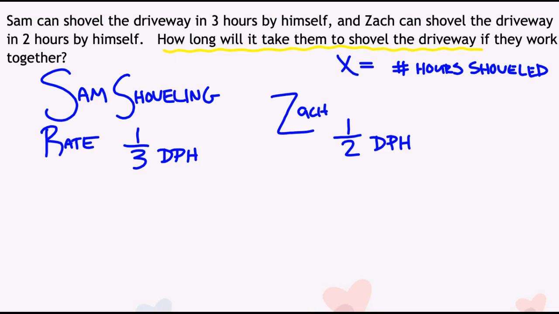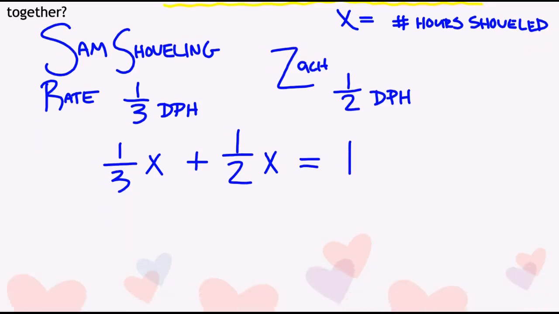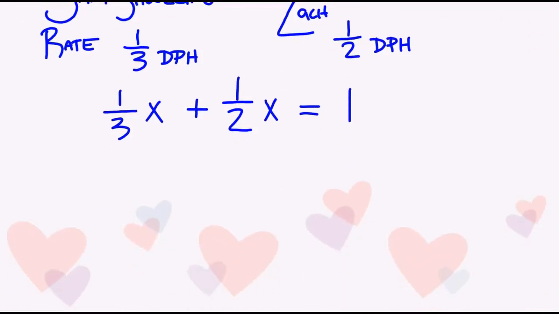So if I say 1/3 is the rate times how many hours, right? That expression would represent how much of a driveway Sam gets done, plus the rate that Zach shovels, and we want that to equal a total of how many driveways? 1. So there's your equation, and we've been solving these by getting common denominators.